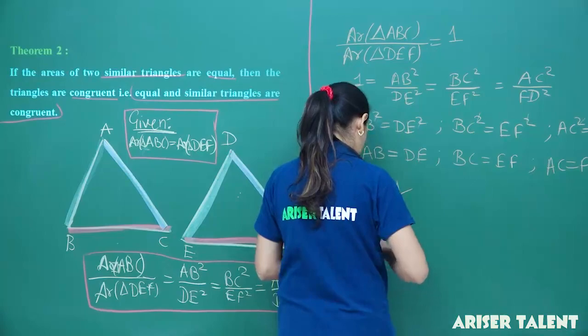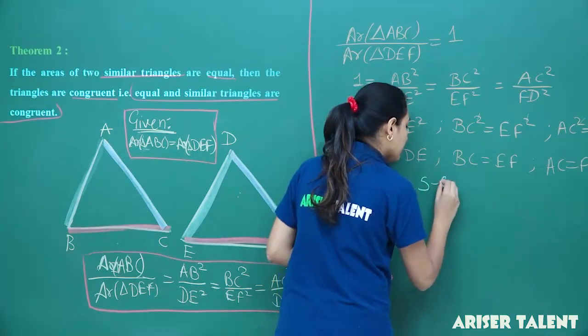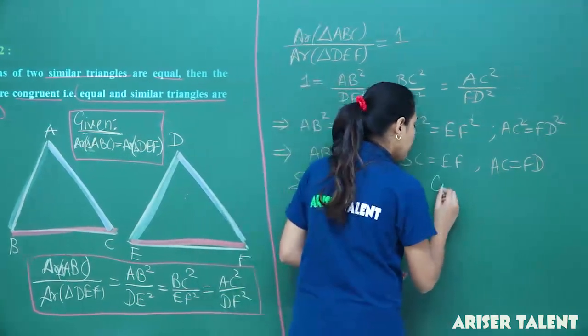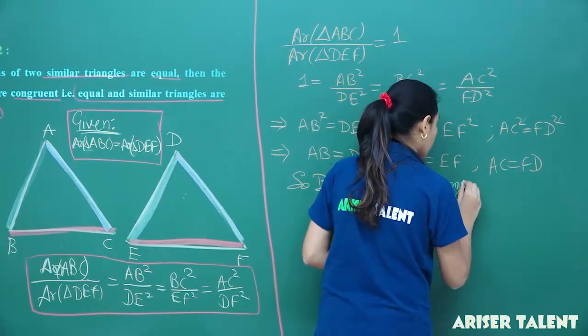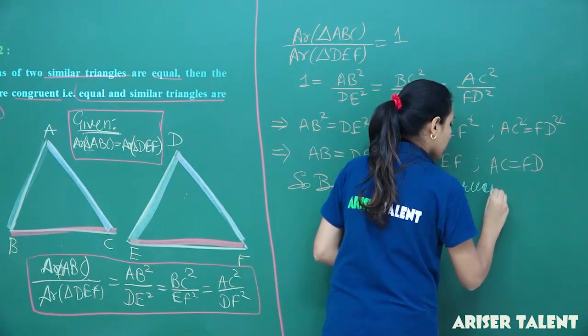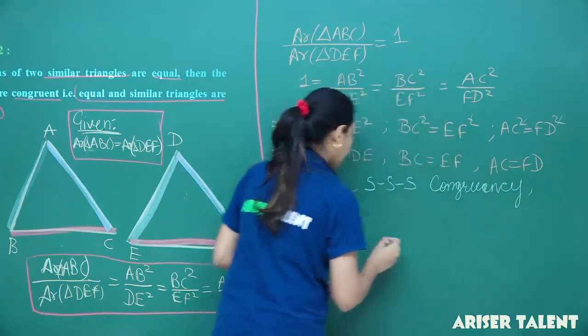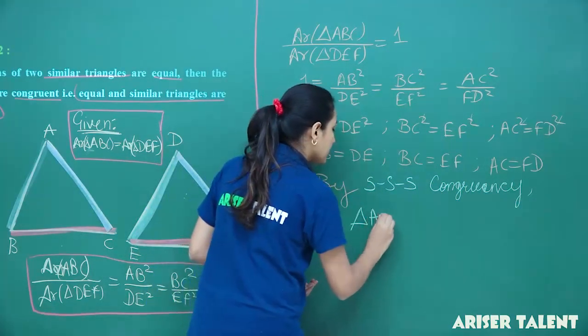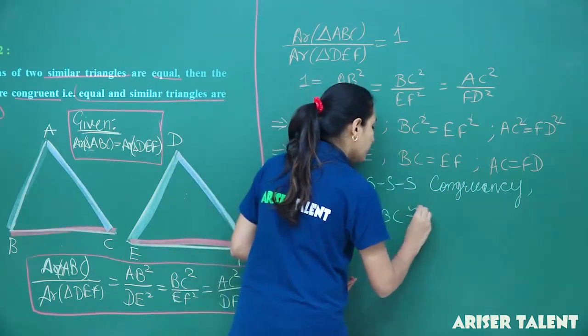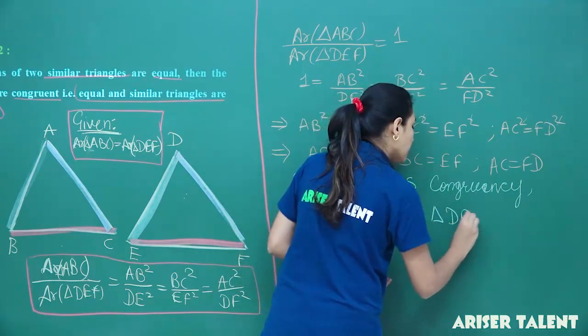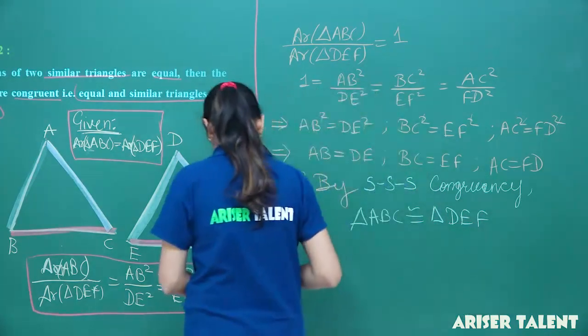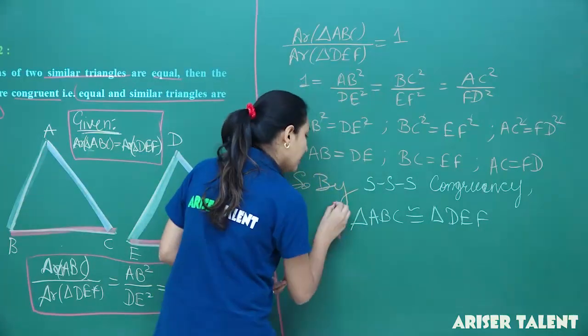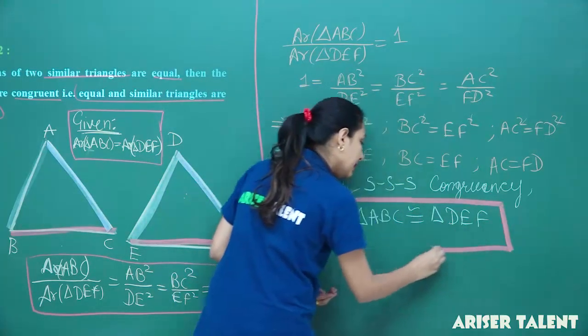Okay. So, by side congruency, triangle ABC is congruent to triangle DEF. And my dear students, isn't it the same?